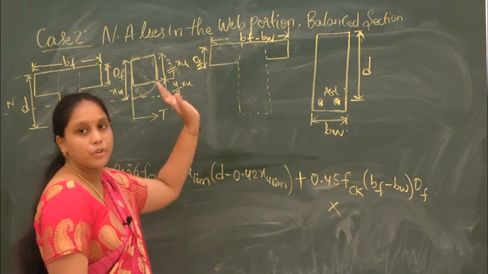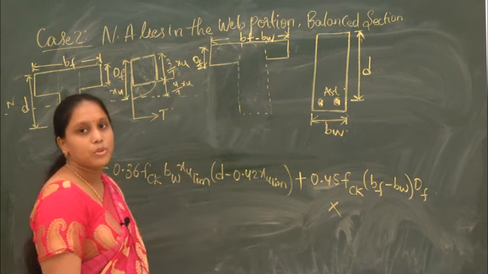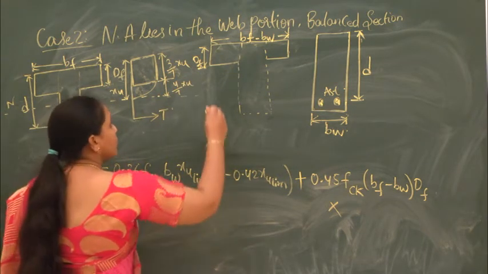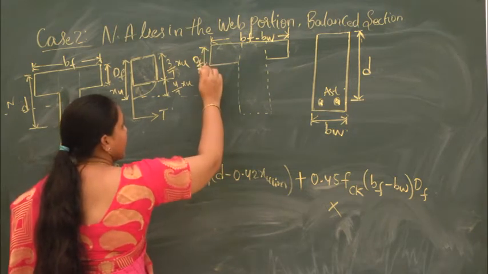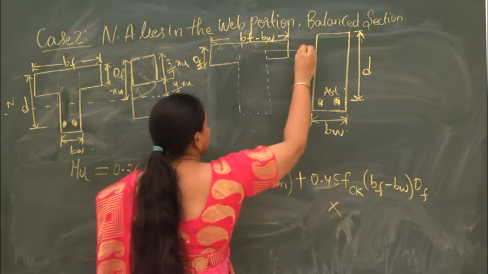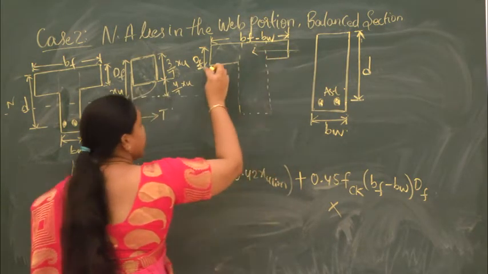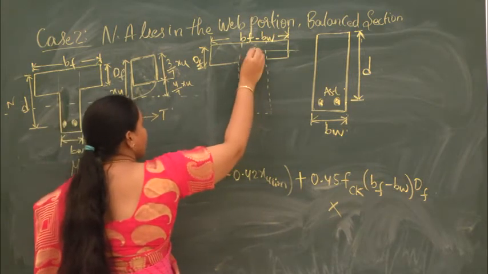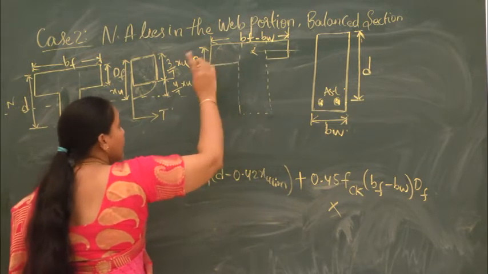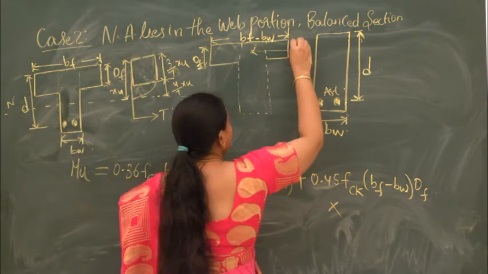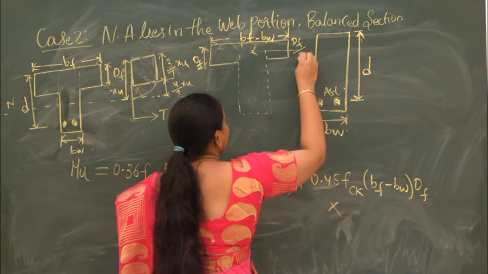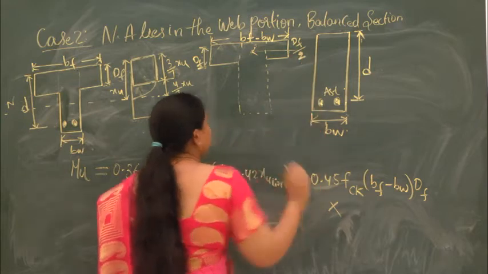So here we have to find out the lever arm. So how will we find out the lever arm? At what distance will the compressive force of DF act? The compressive force will be acting at the center of CG, that is half the distance, because it is a rectangular part. That is, it will be DF by 2.